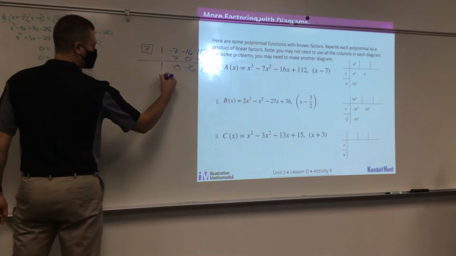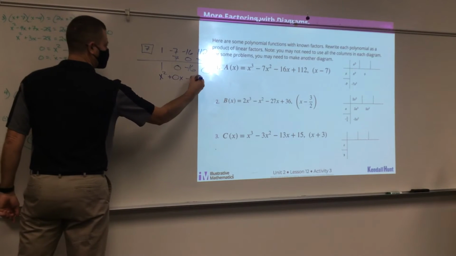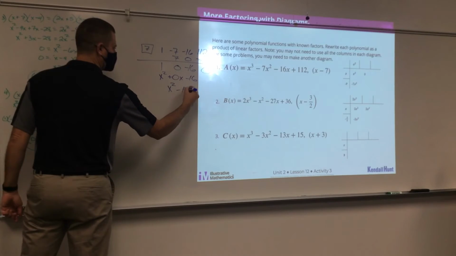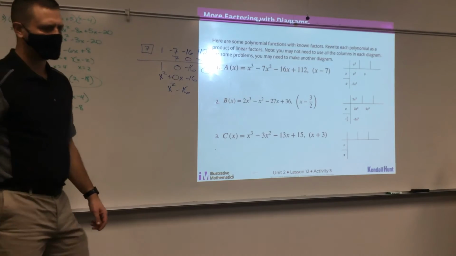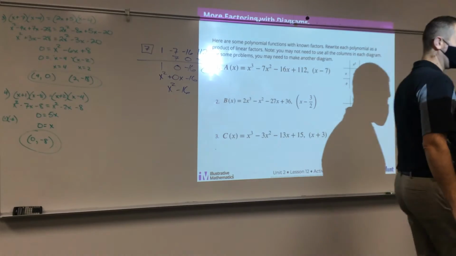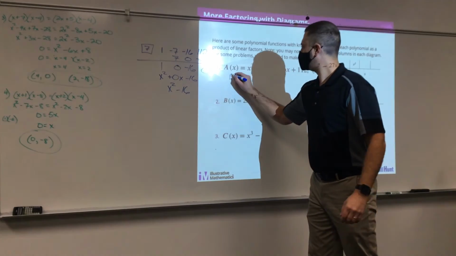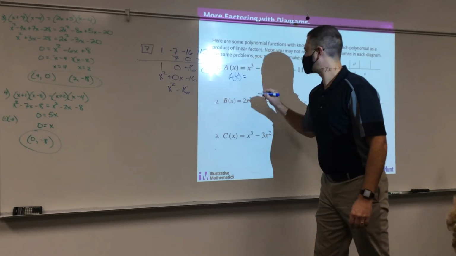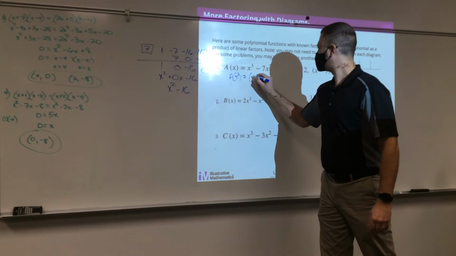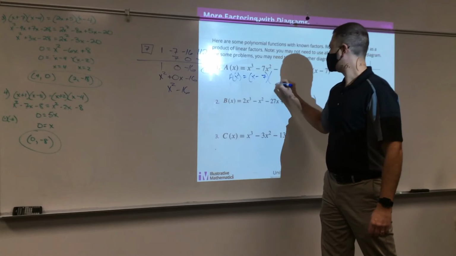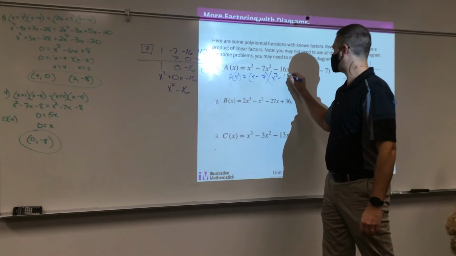So that would be x squared plus 0x minus 16, or just x squared minus 16. Awesome. This will be a piece of cake, right? So a of x equals x minus 7 times x squared minus 16.